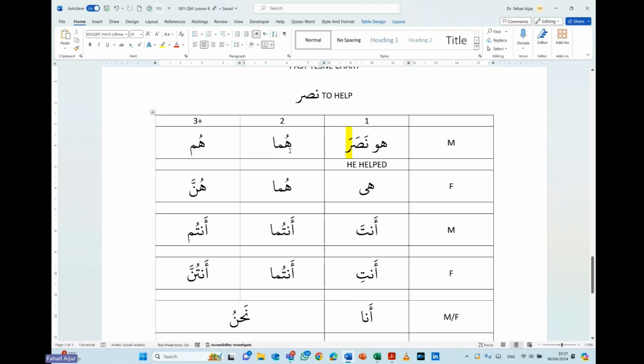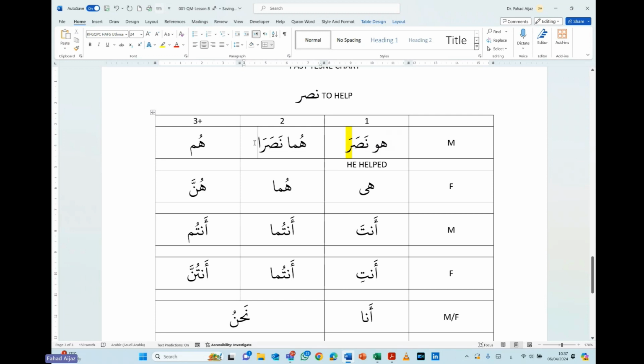What happens in the dual case? So huwa nasara, and then what you do is, again, you have to look at the ending. You pick up the nasara the way it was. But what you do is you give it a stretch. There's an alif in the end. Now there's a stretch in the end. Nasara.